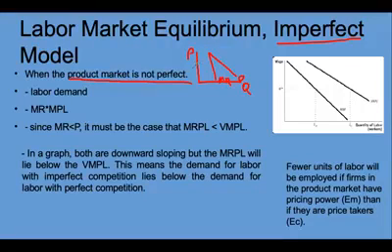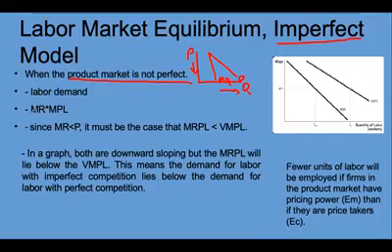If you remember the perfect model, the firm demand curve was horizontal, and the price was the same, right? However, here the demand curve is downward sloping, which means if they want to produce more, they actually need to lower their prices. So keep this picture and that information in your mind.